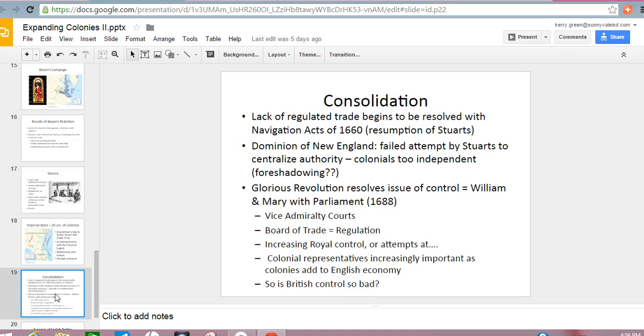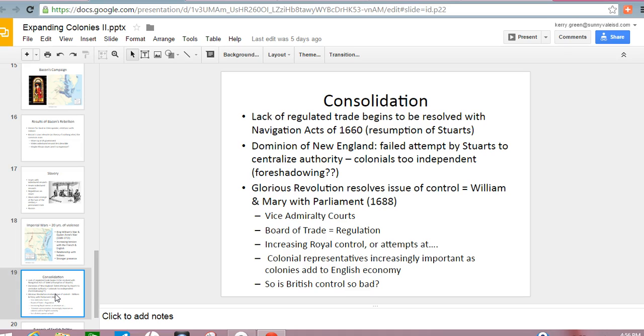I believe it's Charles II who tries to have a Dominion of New England, which was meant to centralize authority. But the colonists didn't like the Dominion of New England. They didn't like one single power in England telling them what to do. Again, why England couldn't figure out that this meant the colonies were out of control, I don't know. But yeah, the Dominion of New England quickly fails.